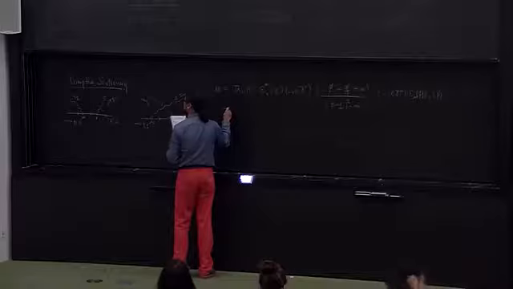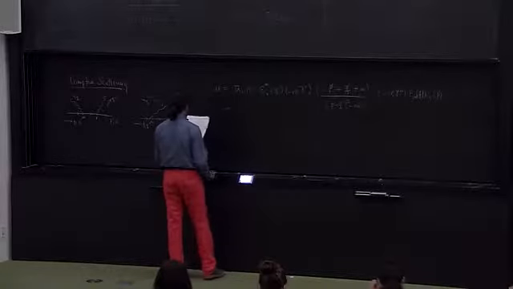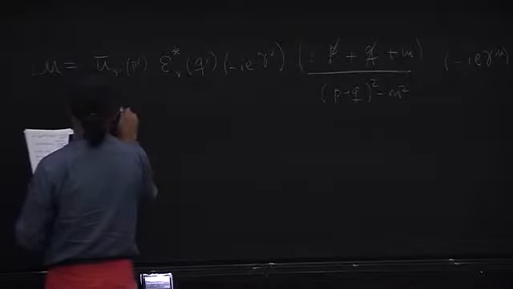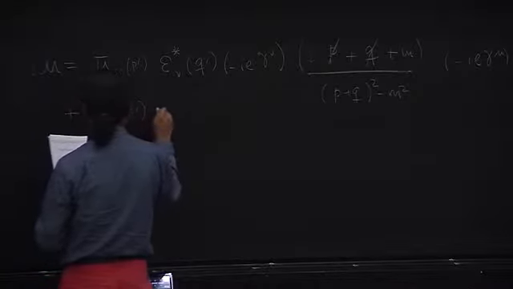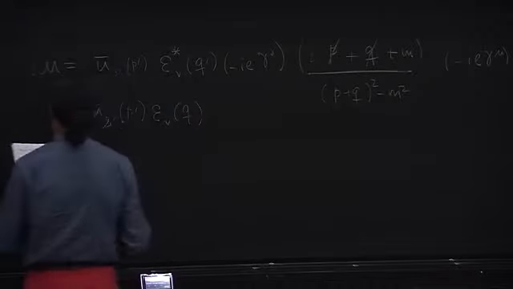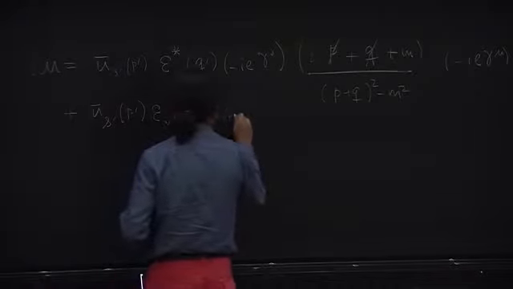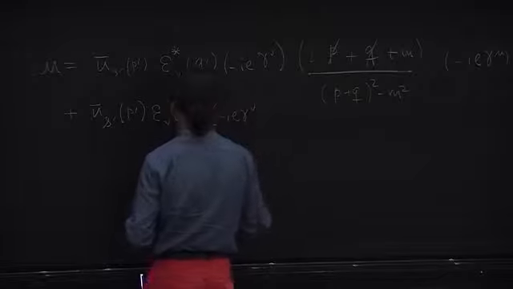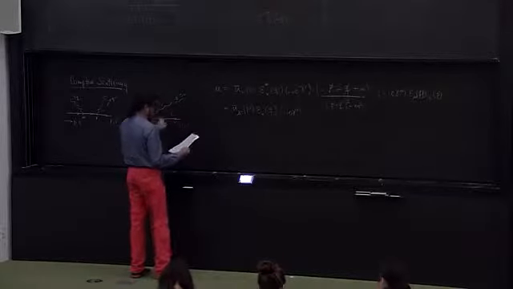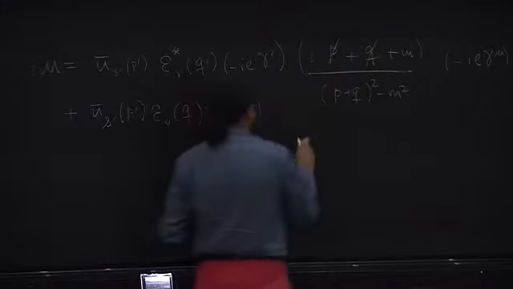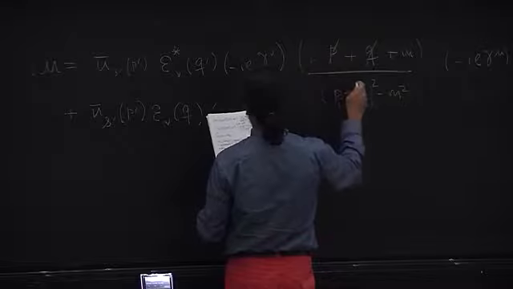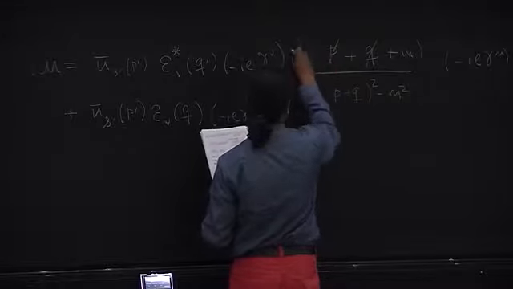And then for the second guy, we have something similar. So we have u bar s prime, p prime, epsilon nu, q, minus i epsilon. So we are just doing this. We have gotten to this point, and now we have to write the electron propagator. See that this i is outside.